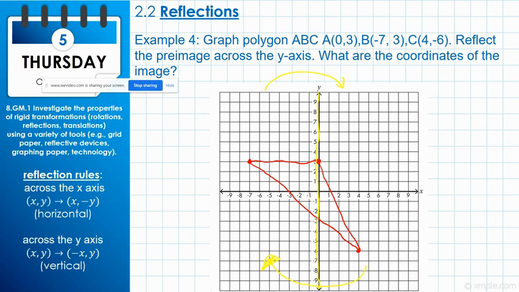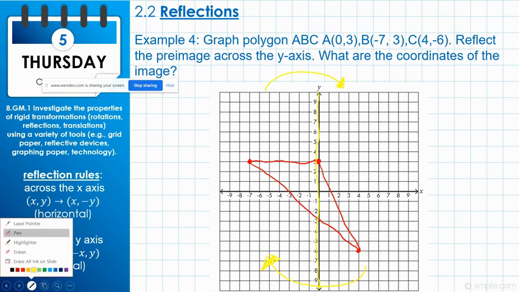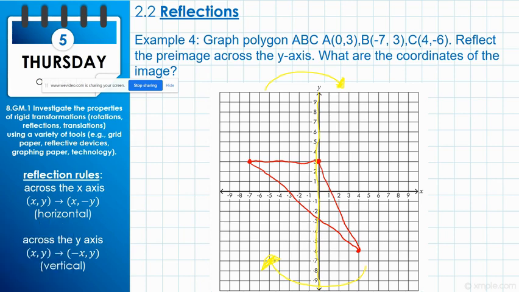Again, it's a mirror image from one side of the graph to the other. If a point is on the axis, on the x or the y, those coordinate points will remain in place, and you'll see that shortly.